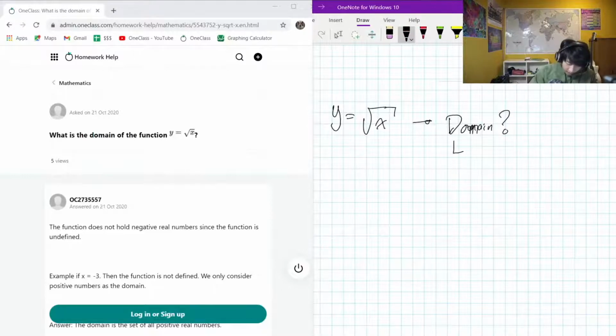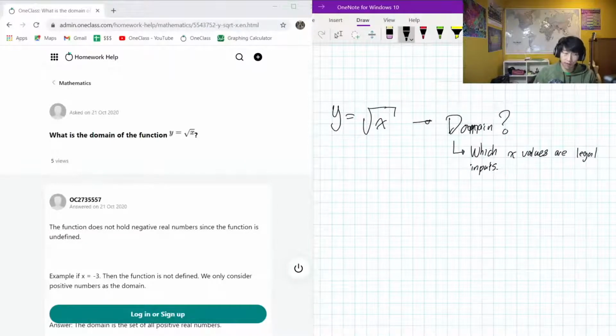So essentially the domain is which x values are legal inputs, right? Because that's essentially what the domain is. What are we allowed to input into our function here?